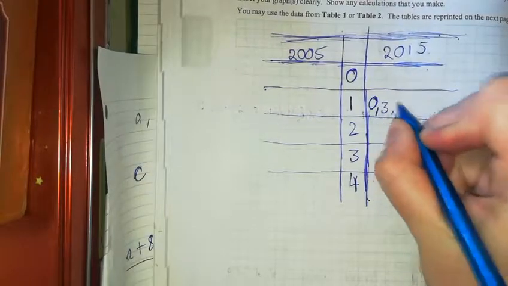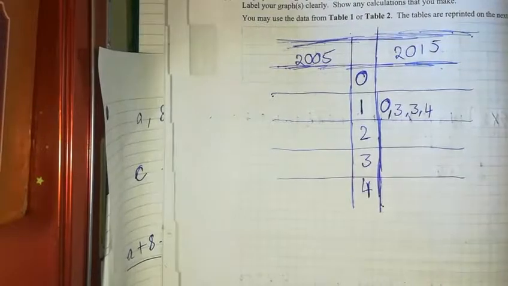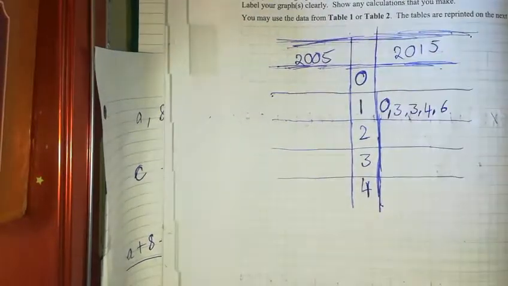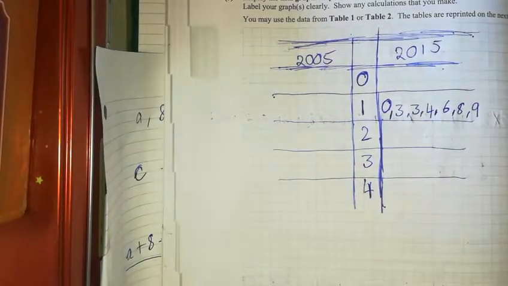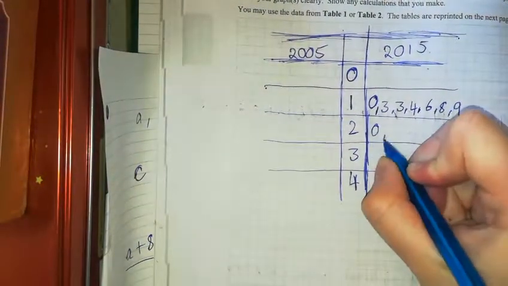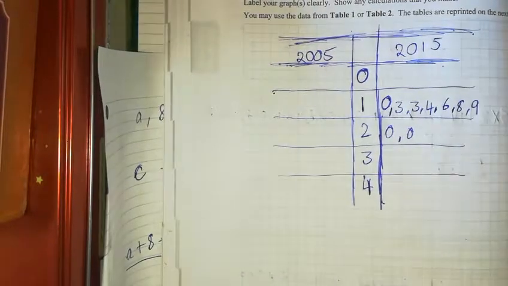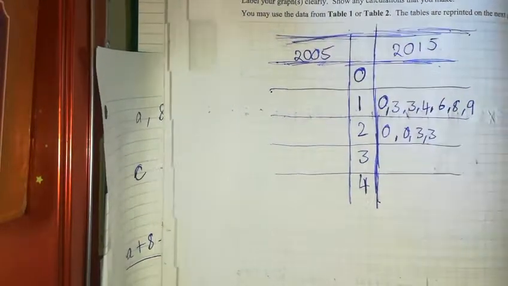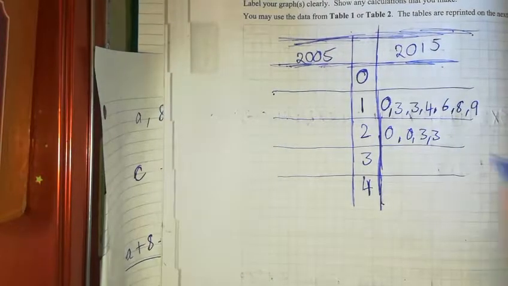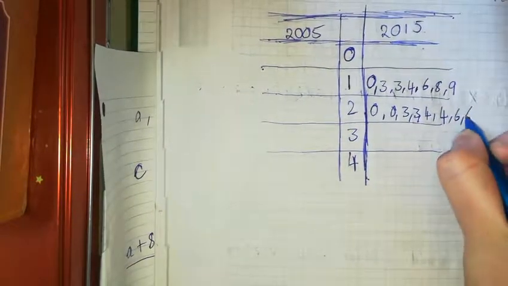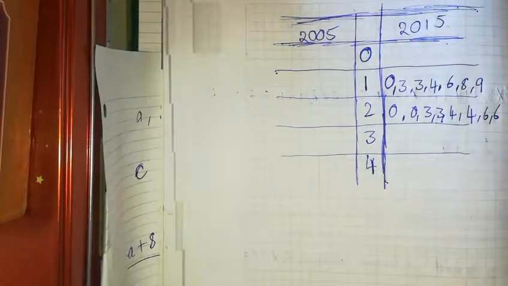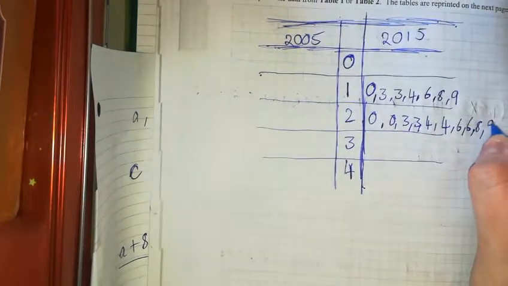We have 13, 13, and then we have 14, and then 16, and then 18 and 19. For the 20s we have 2 20s, 2 23s, 2 24s, 2 26s, and then a 28 and 29.